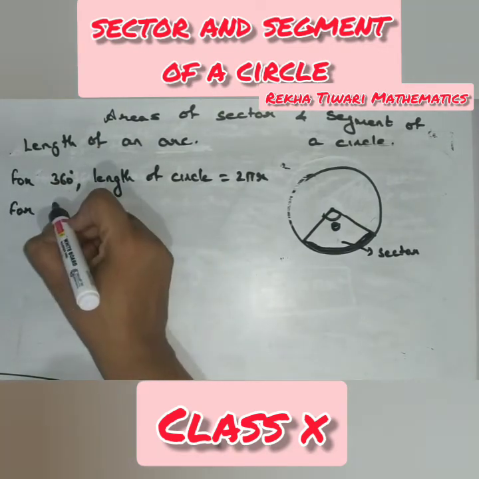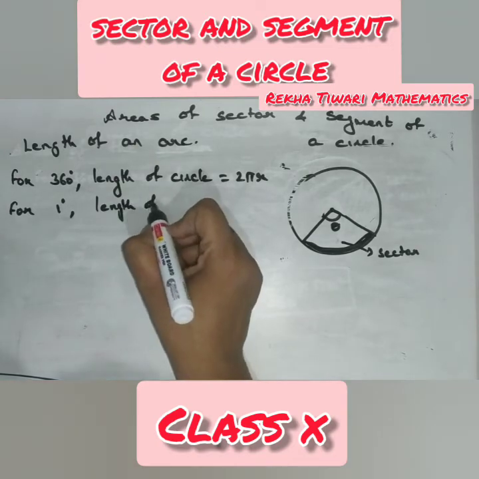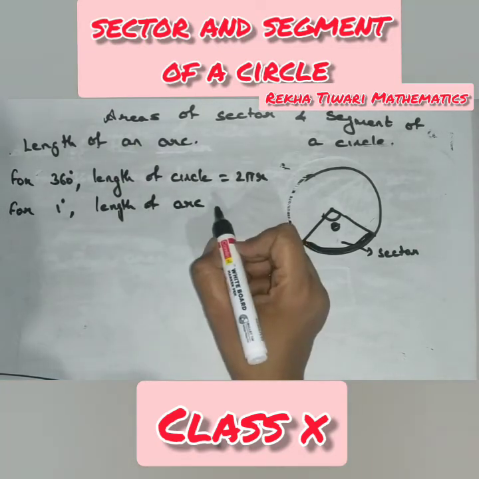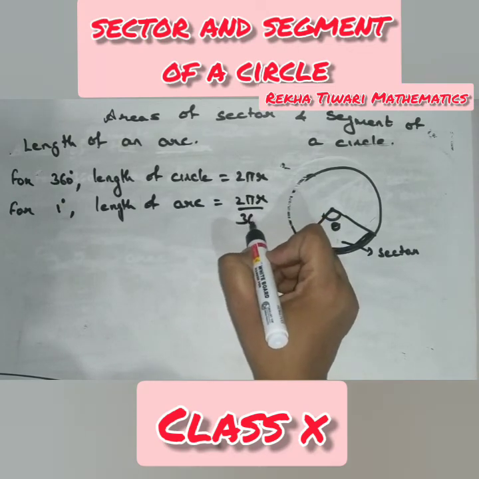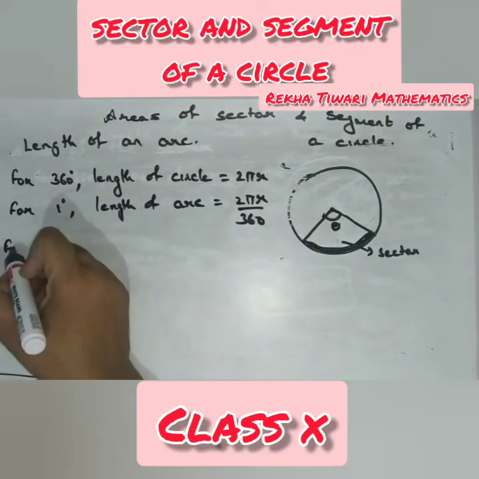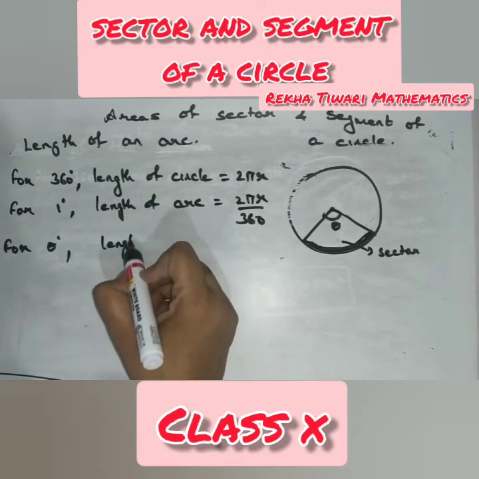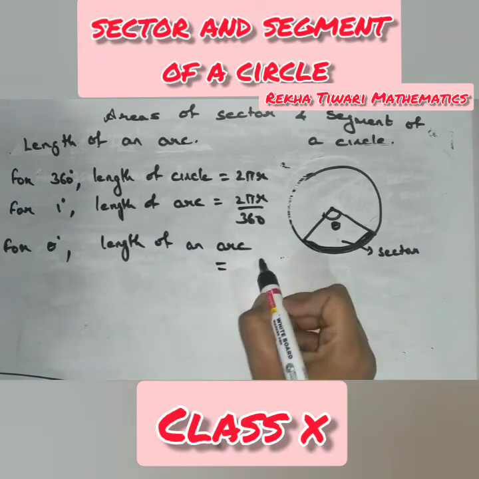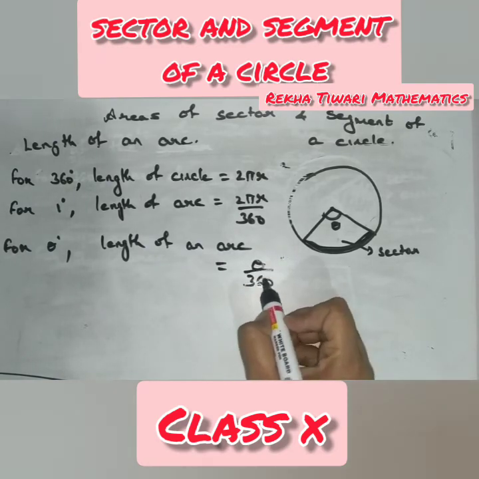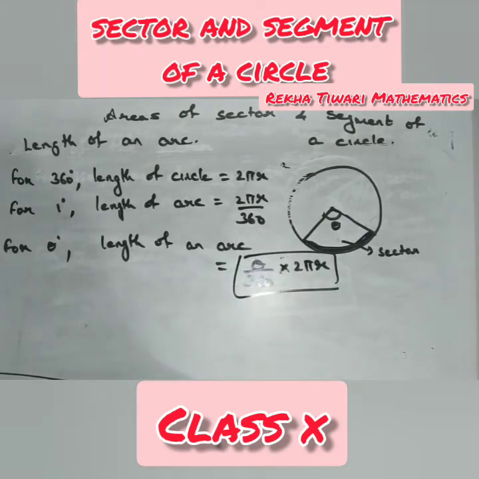So for 1 degree, length of arc becomes a part, which is 2 pi r upon 360. And for theta degree, which is required, length of an arc is equal to theta upon 360 into 2 pi r. So this is the second formula.